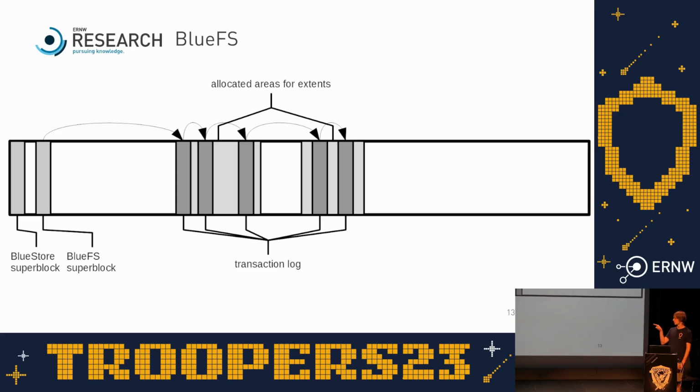So you have to read each transaction from the start to find all the rest of the transaction log, each allocated area of BlueFS, and then at the end, when you found the last transaction, you know the current state of BlueFS. And then you can extract the data for each file, because then you know which extents are used, or what areas of the disk are used by each file, and what's the size of a certain file.